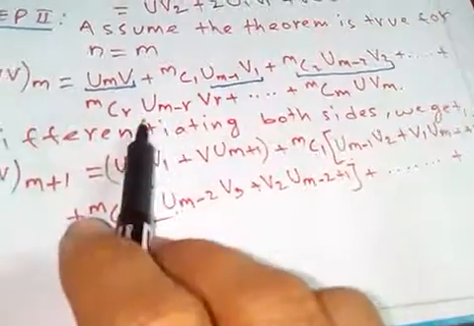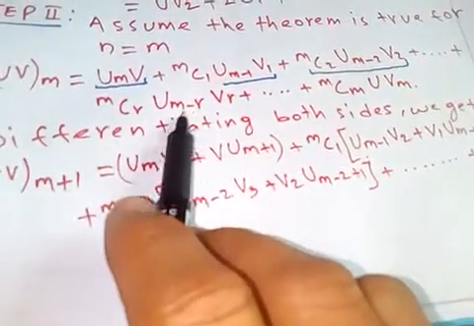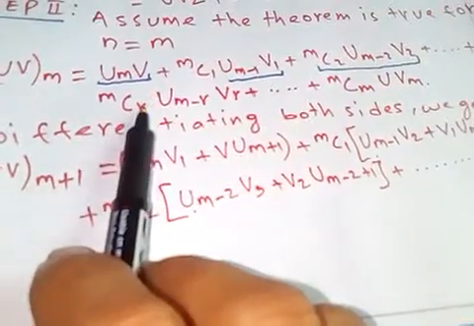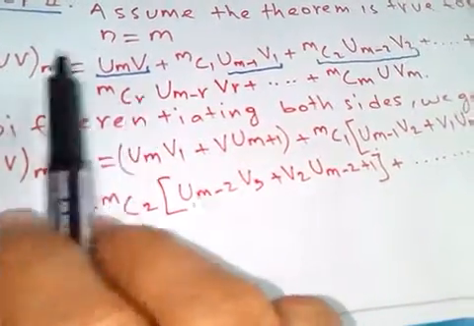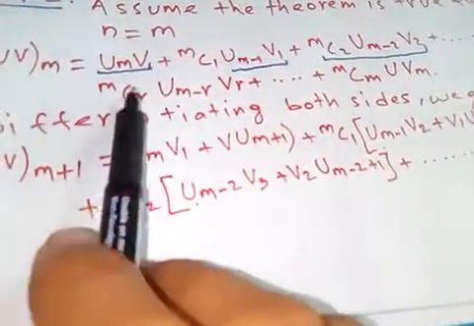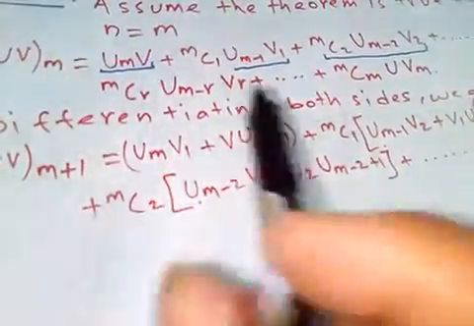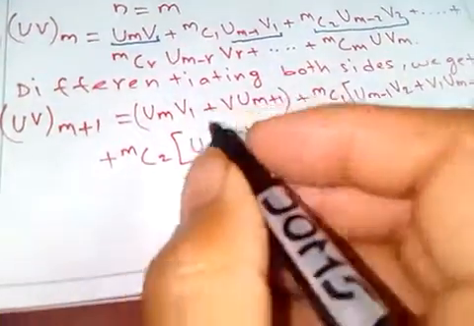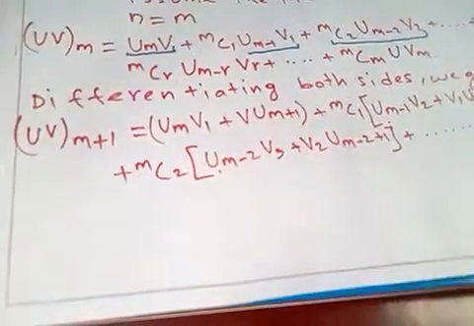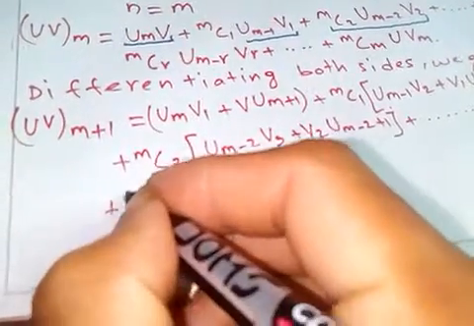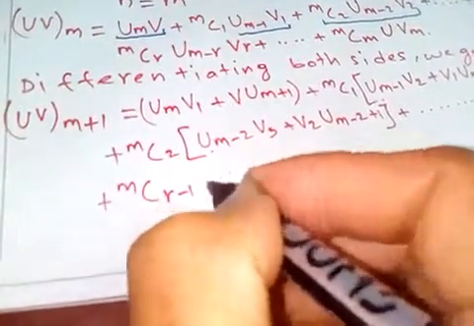Again we are going to take the derivative of this one, and before that the term before it has r minus 1, so before this one it will be mC(r-1), which is a constant again.